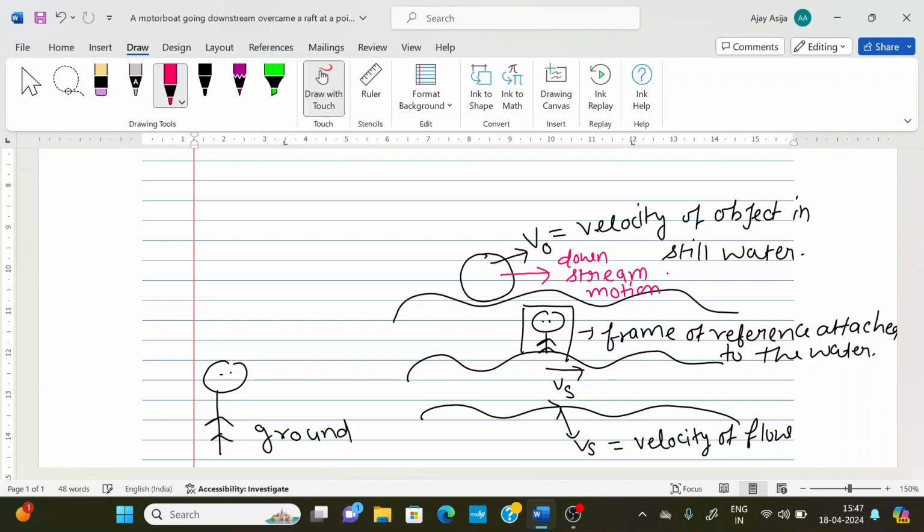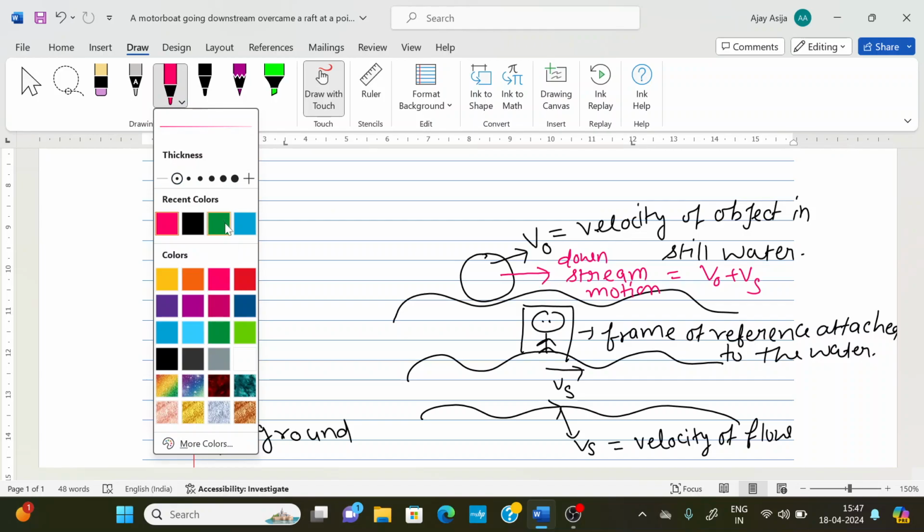And for downstream motion, the velocity of object will be equal to V naught plus Vs, because flow will help in the motion of object. So it will increase the velocity of object. So velocity of flow will be added to the velocity of object in still water.